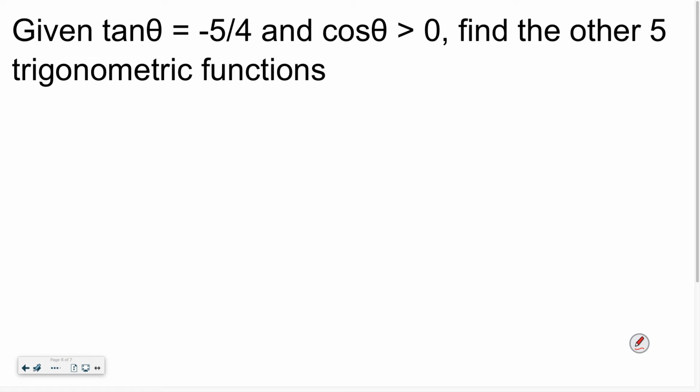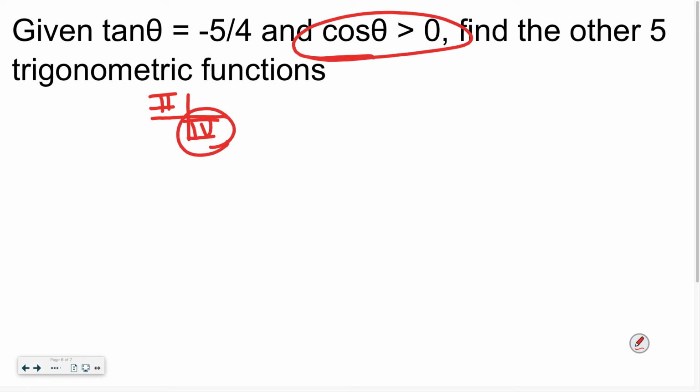Okay, we know that the cosine is greater than 0. So if the tangent is negative in the second and fourth quadrants, which one will win? The fourth quadrant's going to win because, of the two, that is where cosine is positive. Cosine's negative in the second quadrant, so we don't care about that.